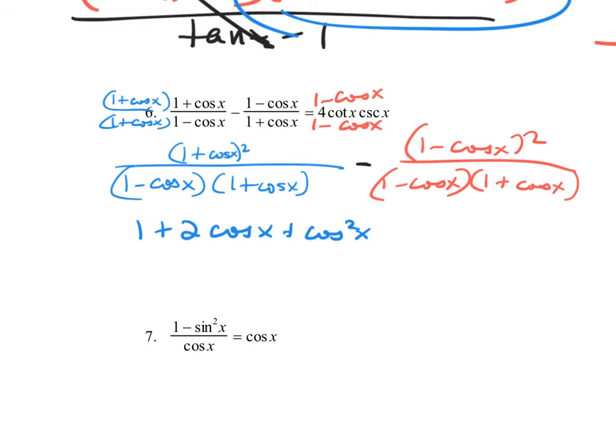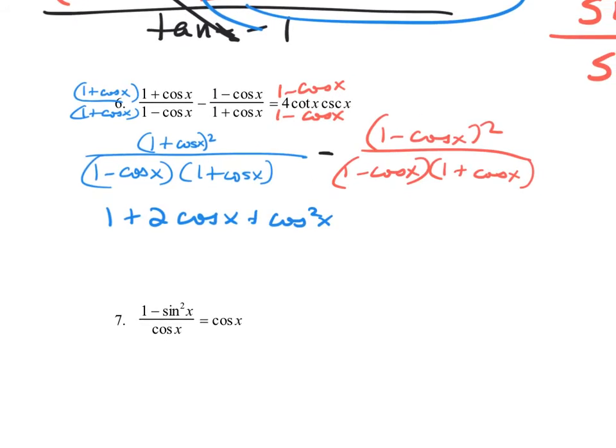And then over here, this one gives me, I got a minus sign here, so I got to distribute the subtraction sign. So after I FOIL this, I'm going to put this in parentheses, and then plus cosine squared x. So this subtraction sign, let me FOIL the denominator too.